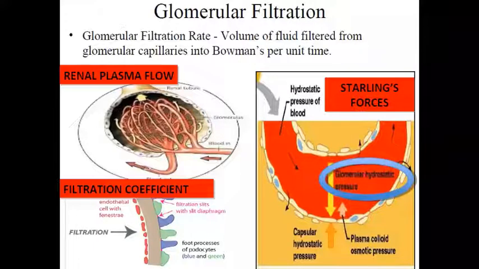So there's what we call the filtration membrane, or the glomerular filtration membrane, that is responsible for filtering these fluids that are coming in. You can see in this diagram that you have the glomerulus, and we have two arterioles.